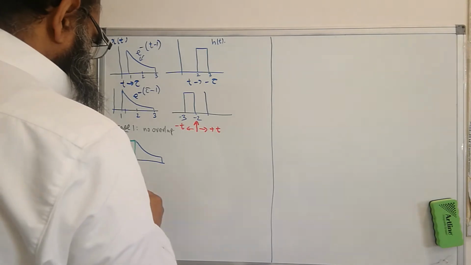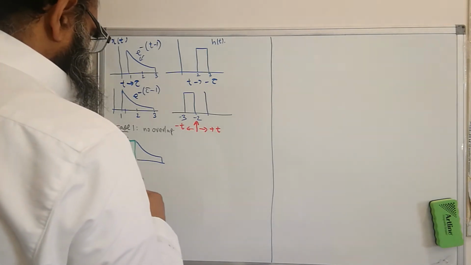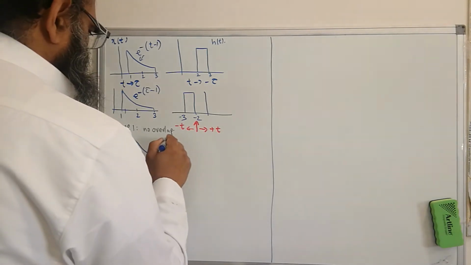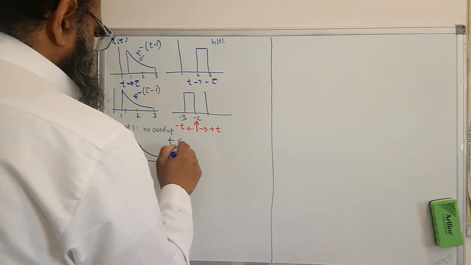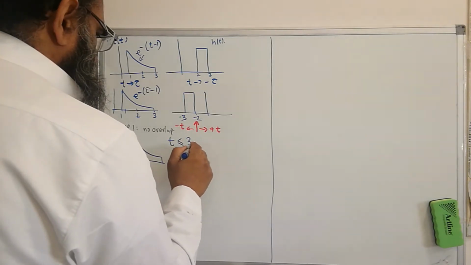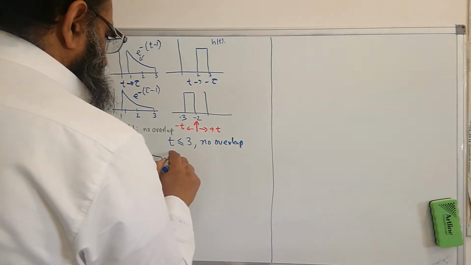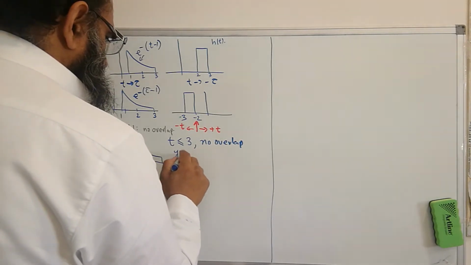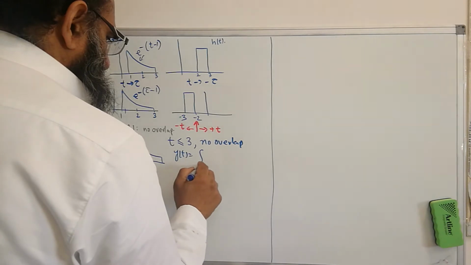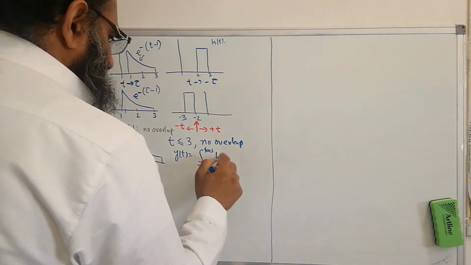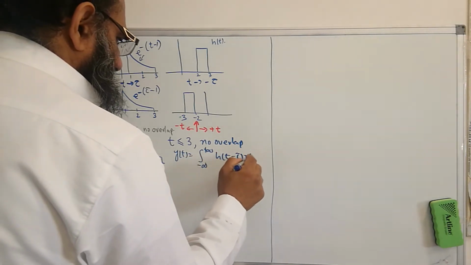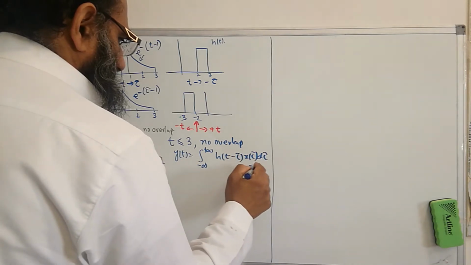So all the times for which t is less than or equal to 3, I have no overlap, and my convolution integral will be y of t equal to minus infinity to plus infinity h of t minus tau x of tau d tau. That will be equal to 0.